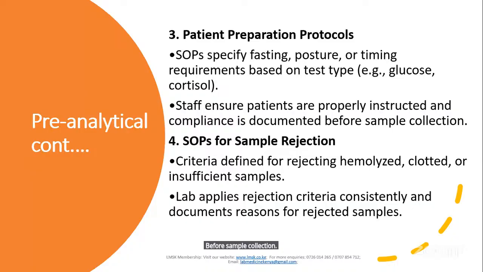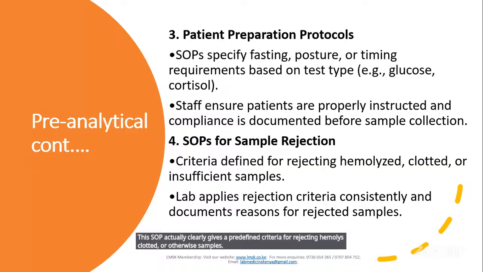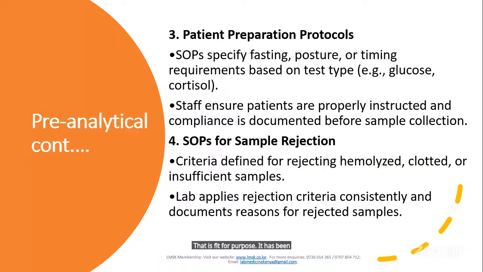We have properly documented SOPs for sample rejection in our areas of work. This SOP clearly gives predefined criteria for rejecting hemolyzed, clotted, or otherwise unsuitable samples. That is fit for purpose. It has been tested and it has been proven.